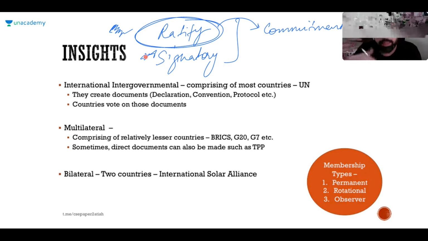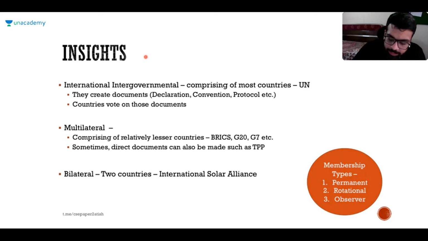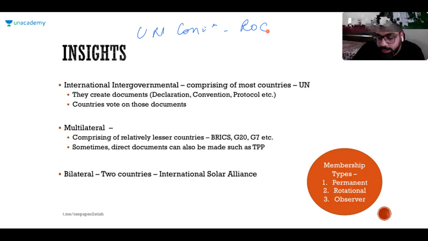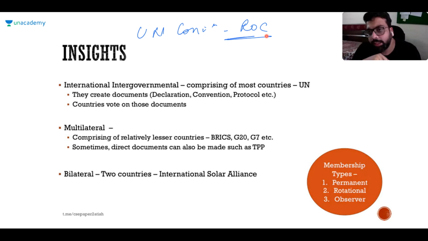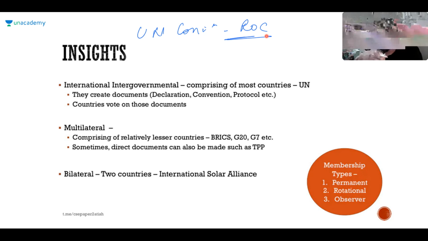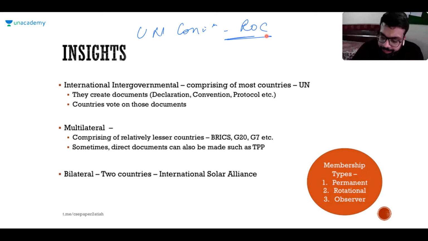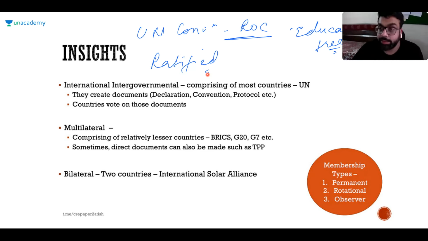I'll give you a very simple example. You would have heard of something called the UN Convention on the Rights of the Child. In the UN Convention on the Rights of the Child, it was written that countries in the world should try and give education for free to the children of the country. Now, India actually ratified this. We came back home. We implemented Article 21A.